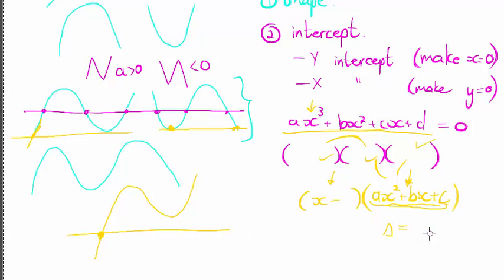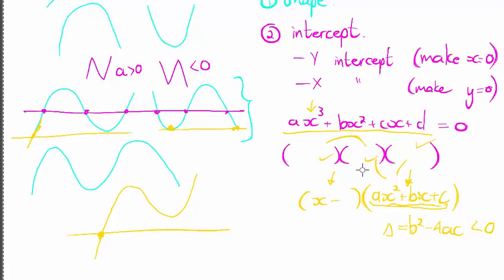But if the discriminant of this thing, in other words taking b squared minus 4ac, is smaller than 0, remember, then this thing doesn't have roots, it cannot factorize. And if that's the case, then it means that this thing turns before it gets back to the x-axis. Does it make sense?